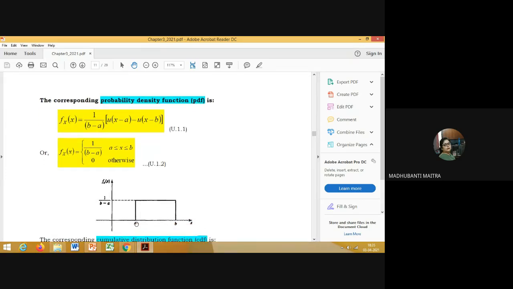You see that this density function is defined over this interval a to b, right? In this region the density function is 0, as well as in this region. That can be expressed with the help of two step functions. So the density function is actually 1 divided by b minus a.